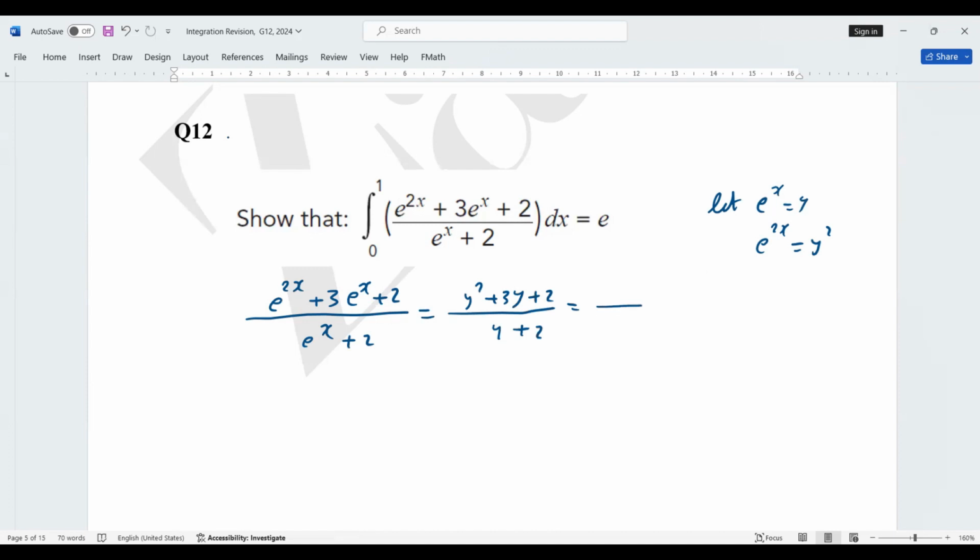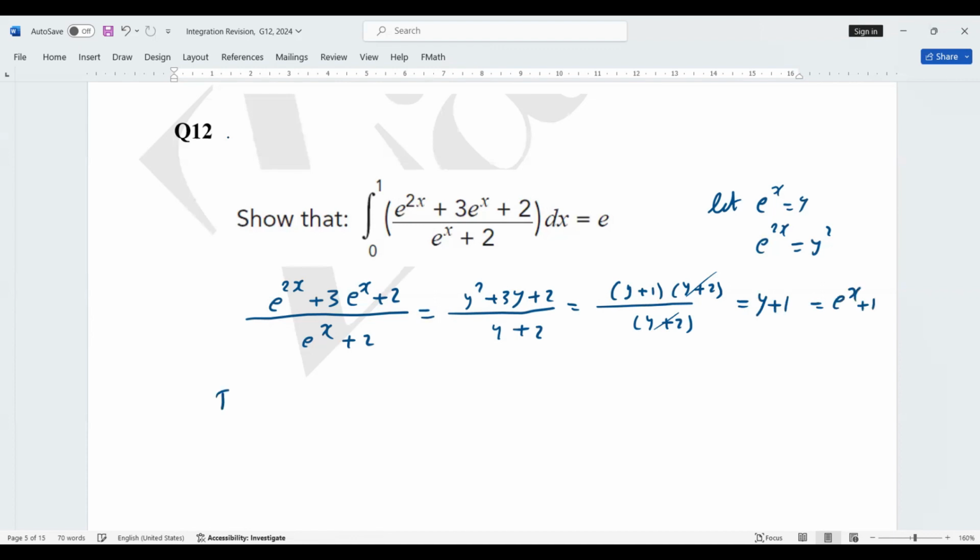Factorize the numerator using a calculator. You will get y equals negative 1 and y equals negative 2, so (y + 1)(y + 2) over y + 2. Cancel y + 2, so it's y + 1. Y is e^x, so it's e^x + 1.